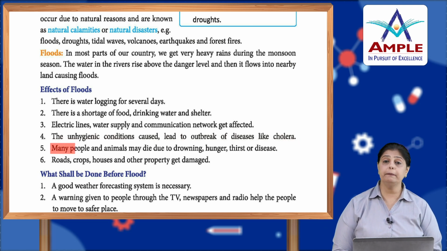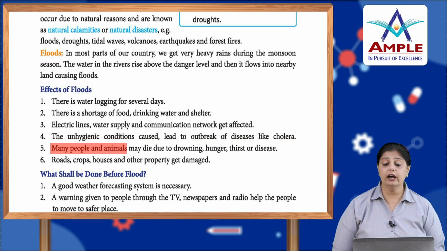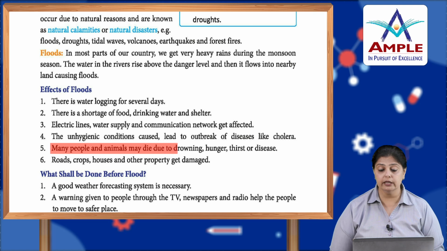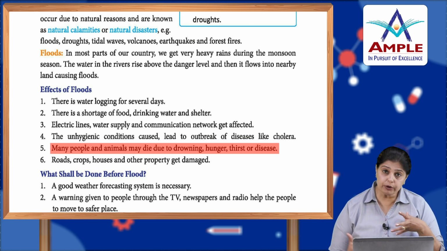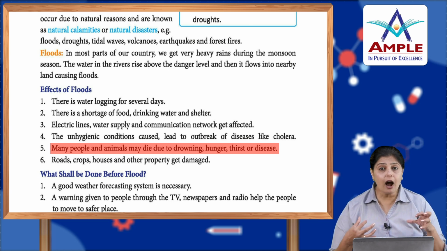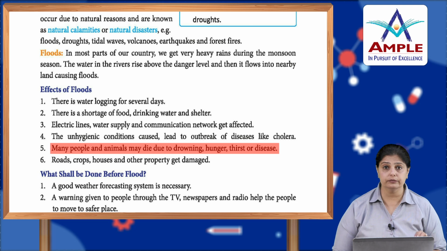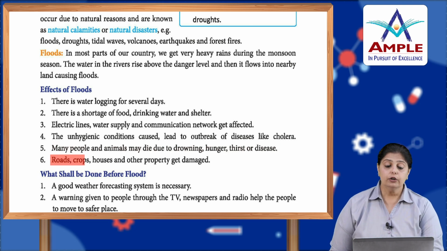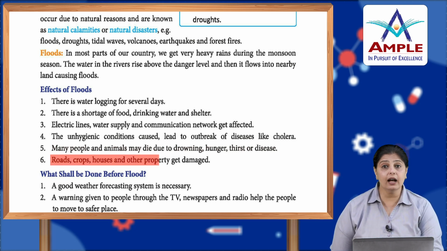Many people and animals die due to drowning, hunger, thirst or disease. Some are stuck under trees, or under houses that have been carried away in the water. Roads, crops, houses and other properties also get damaged.